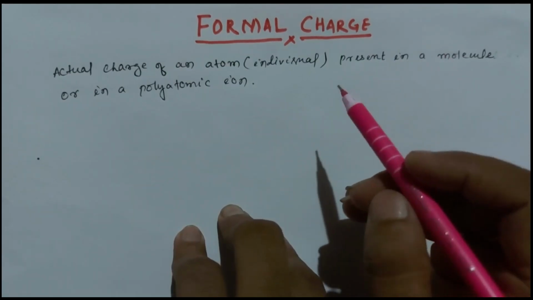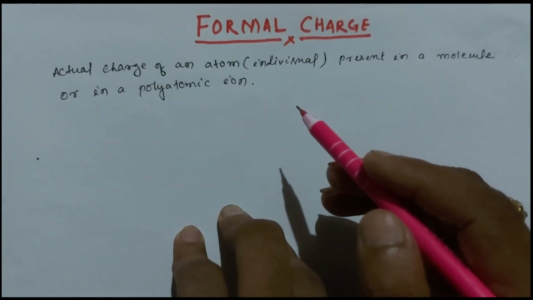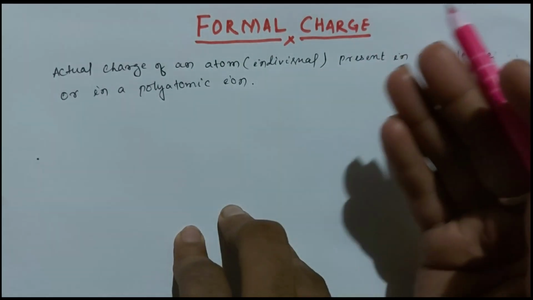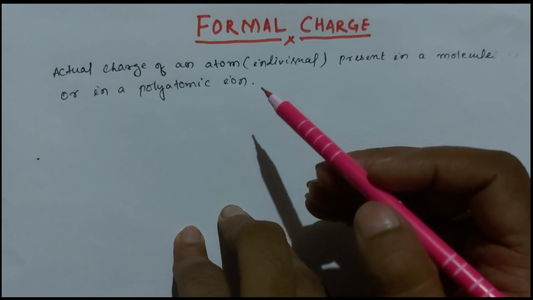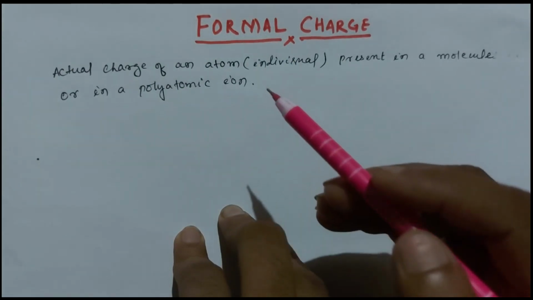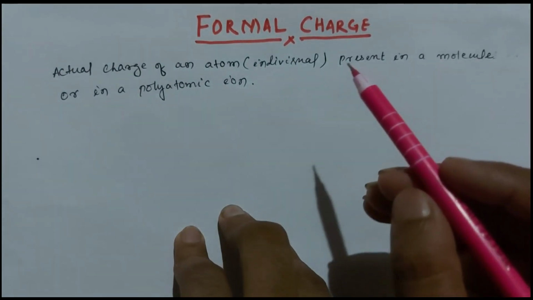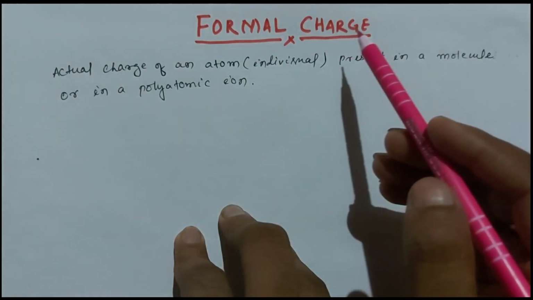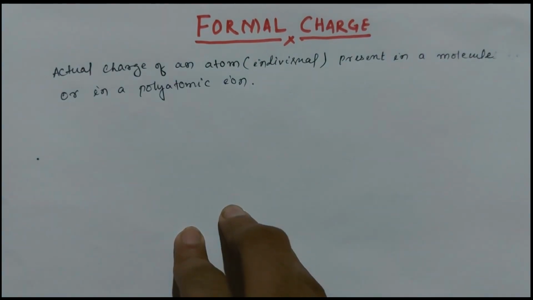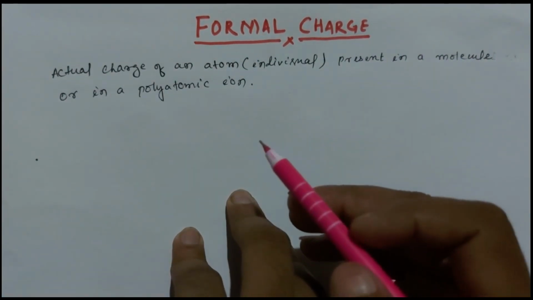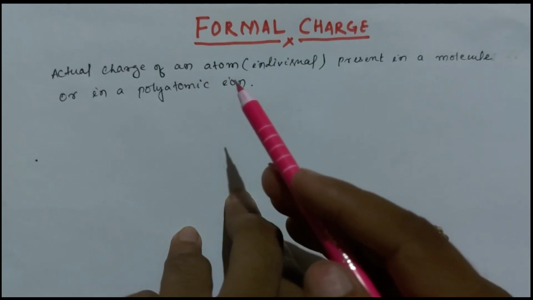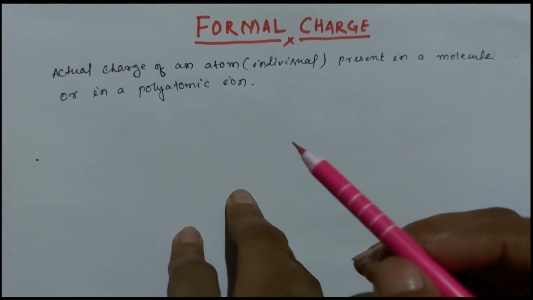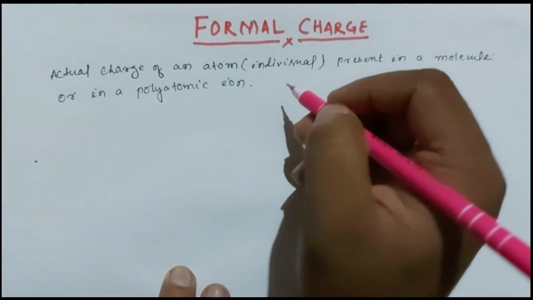If you calculate the charge of each individual atom, that will give the formal charge of each atom. So basically formal charge is the actual charge of an individual atom present in a molecule or in a polyatomic ion.